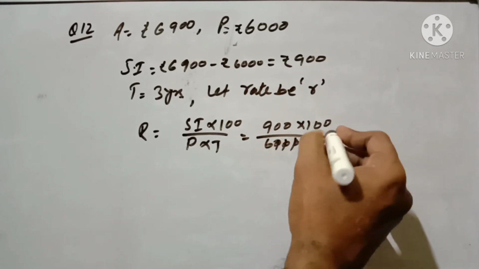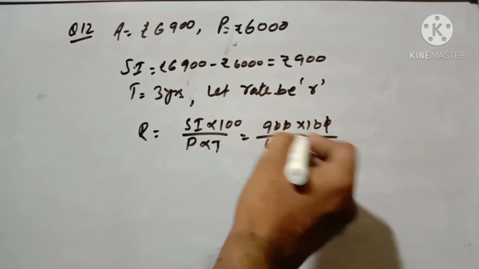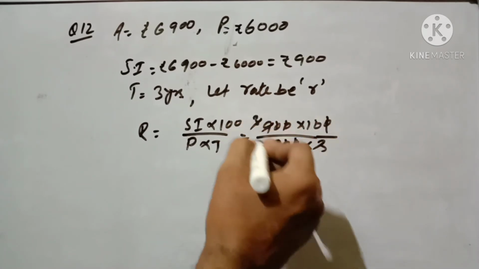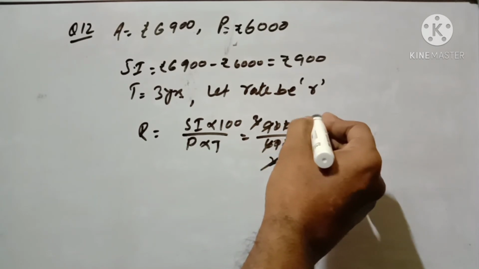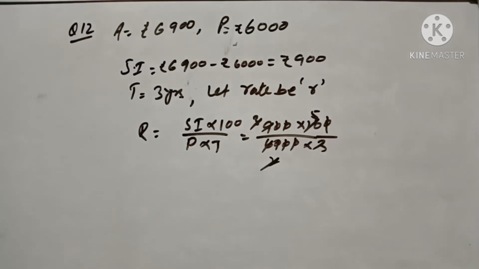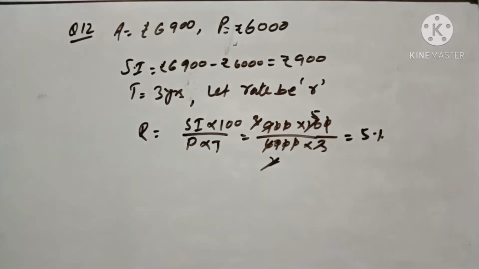And 3 3s are 9, 3 2s are 6, and 3 5s are 15. So R is equal to 5%. Up to here you write.